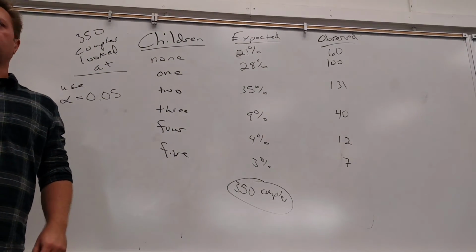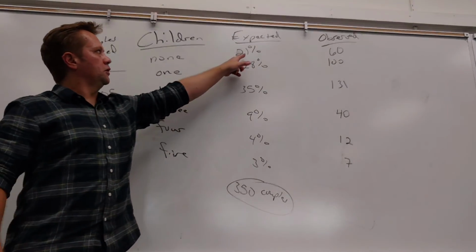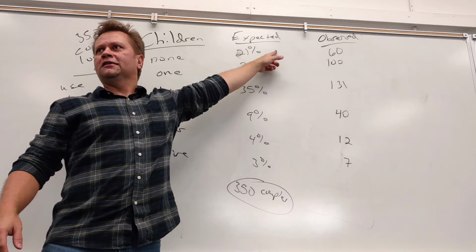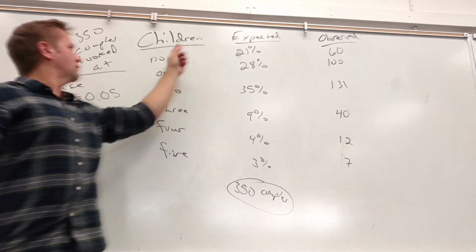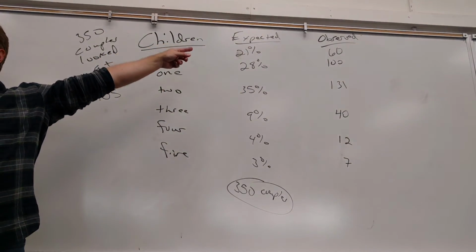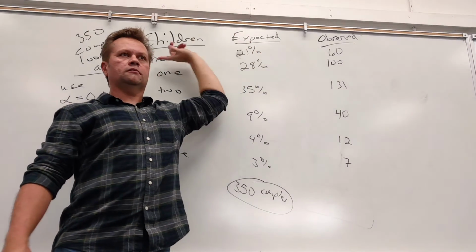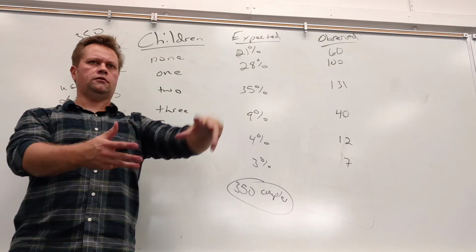Just to make sure everybody's on the right first step. You definitely don't want to use these with those, right? How do I figure out what goes here? I got 350 people. So 21% of them should be having no kids, and so forth. You guys see that?